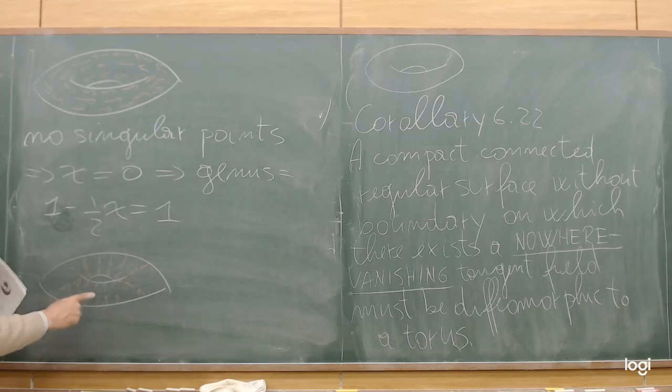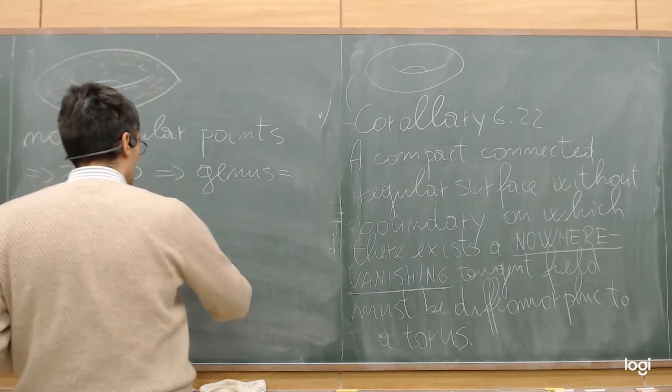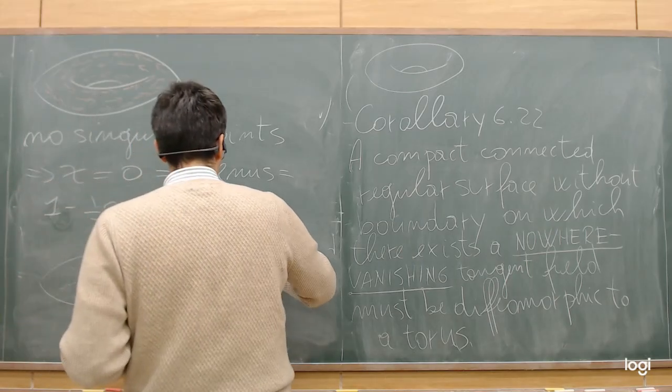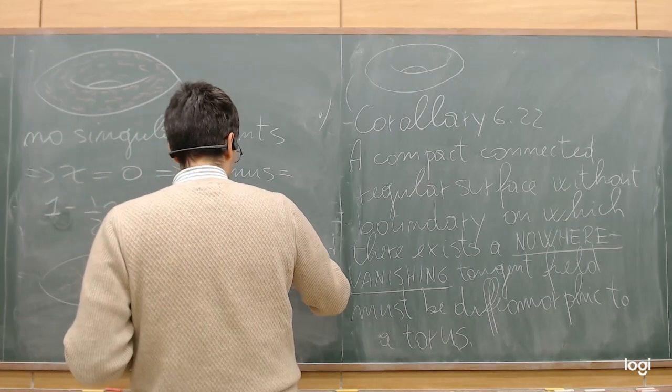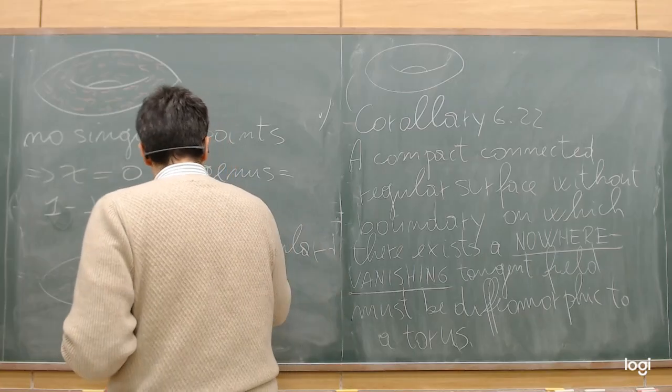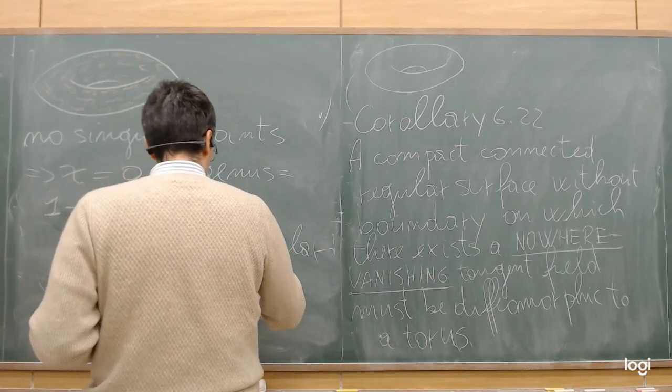It's a vector field which is constant along vertical closed geodesics. My picture is not as nice as the one in the book. So also in this case we have no singular points.